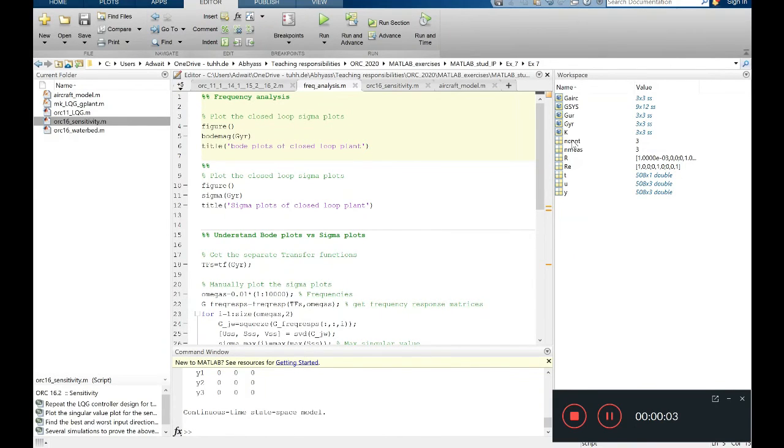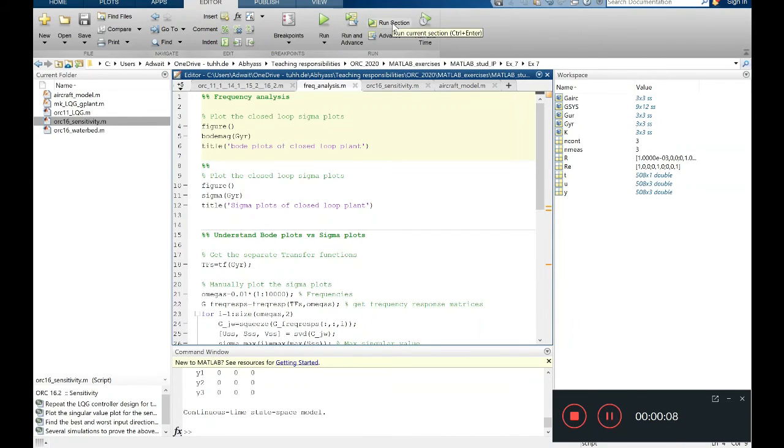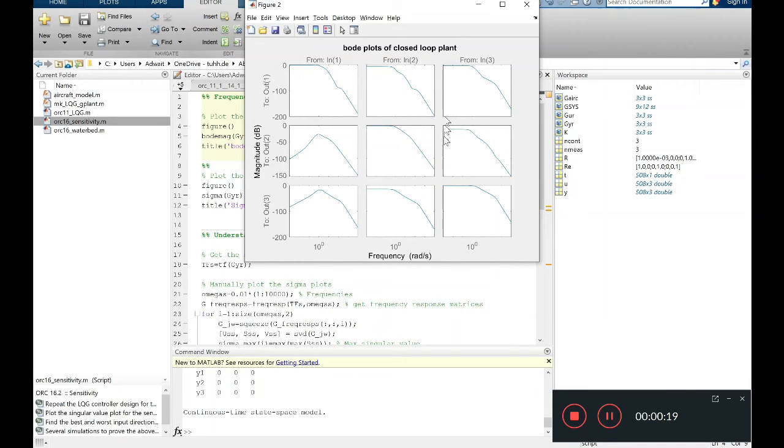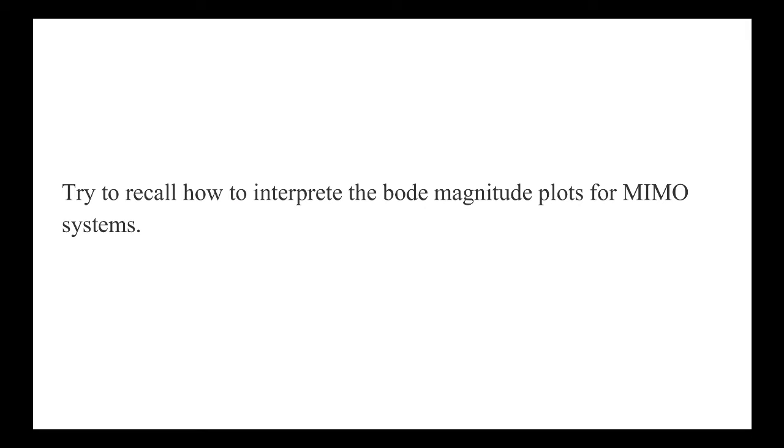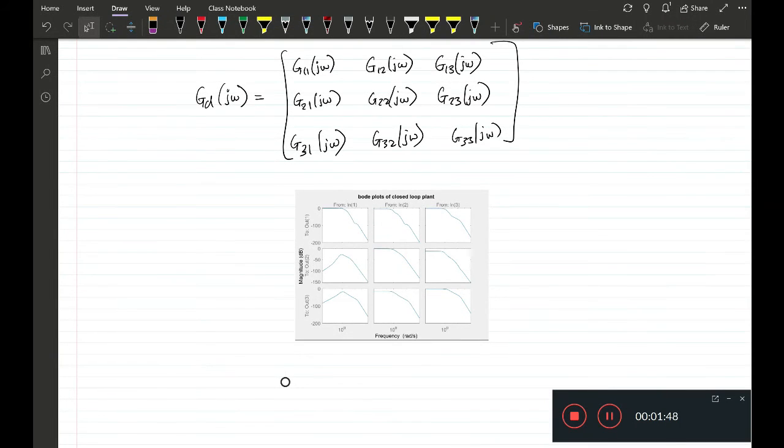So let's have a look at the Bode plots first. Now, because we have a 3 input 3 output system, we get 9 Bode magnitude plots. Let's see what these Bode plots mean.